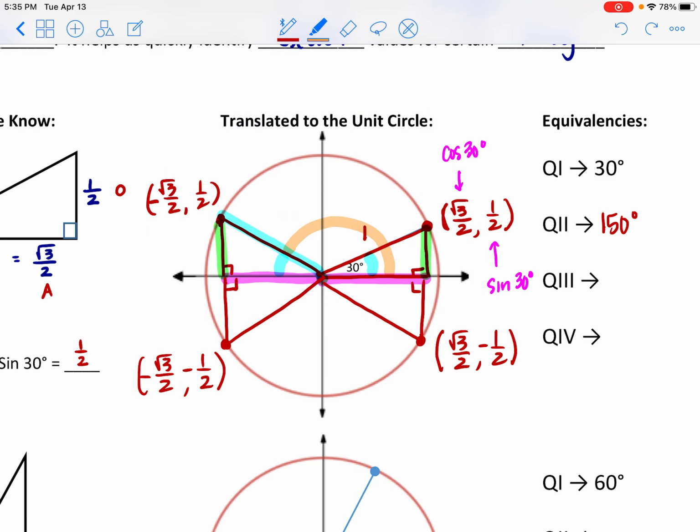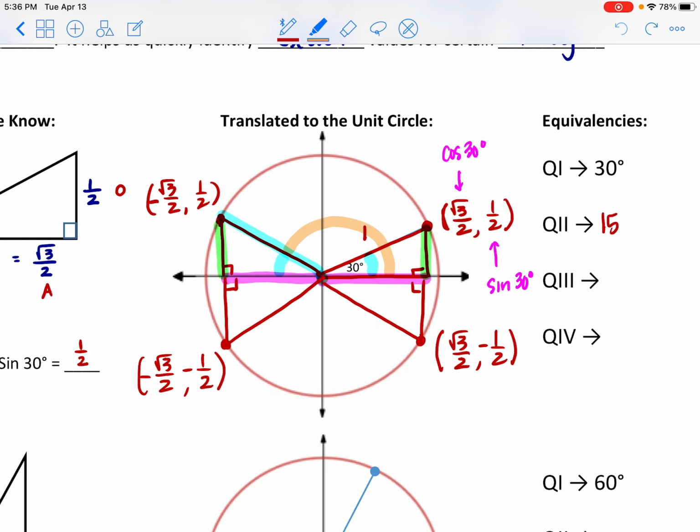The cosine for 30 degrees is radical 3 over 2. Well, in quadrant 2, it's the same exact triangle. So if I said, what's the cosine for 150 degrees? It's got the same value, but because it's in quadrant 2, it's a negative radical 3 over 2. Okay?